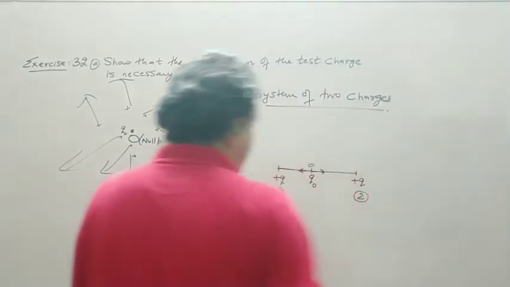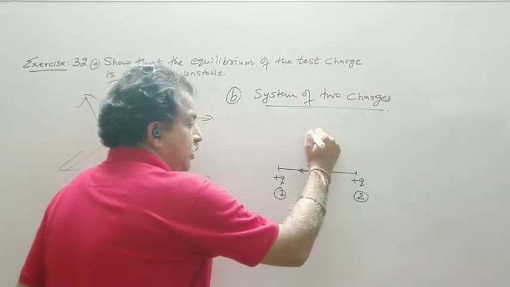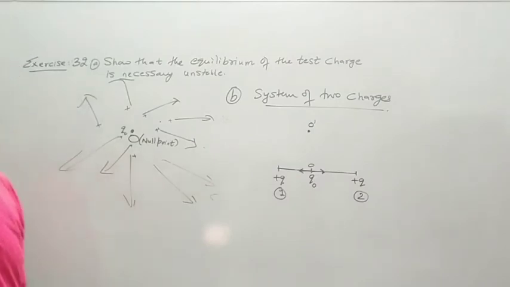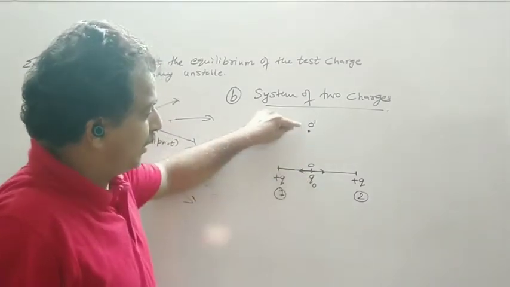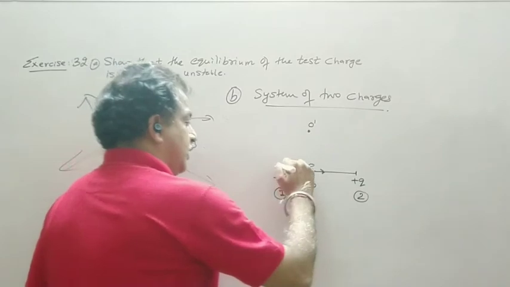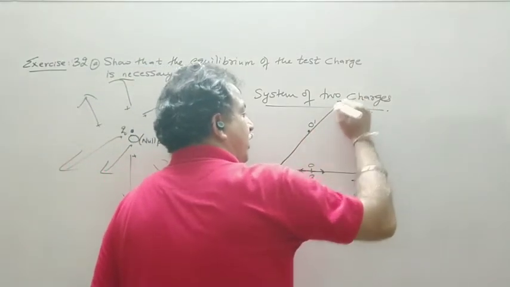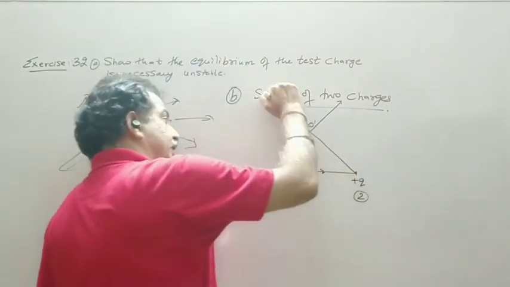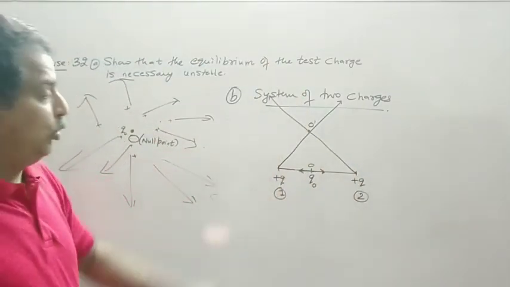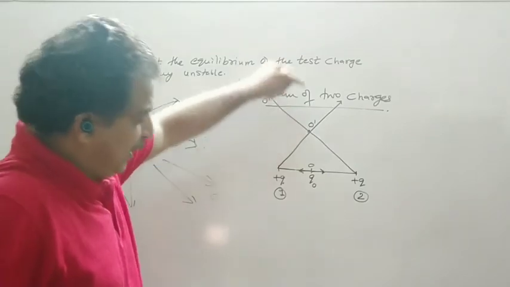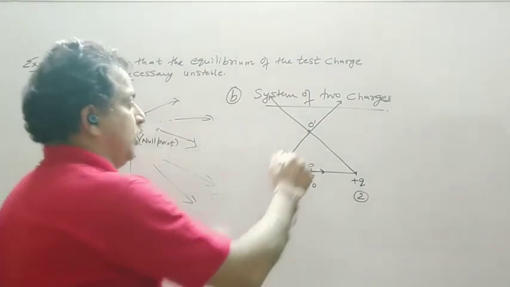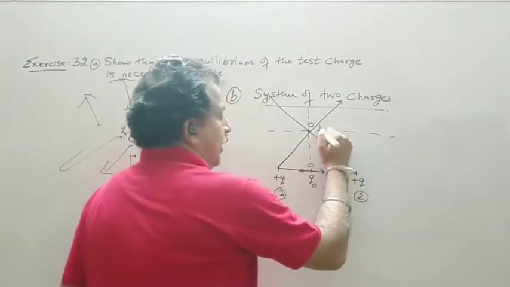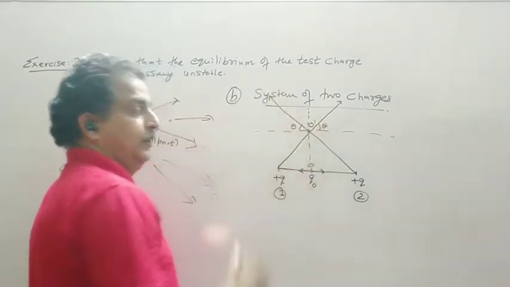But what happens if I move this test charge to the point, say O dash? Now if I move this test charge to a point O dash, this particle will repel it away and this particle will repel it away at this point. Now, in any case, it will never come back to its original position. If I draw a Cartesian coordinate system here, these two angles are same, say theta, theta.